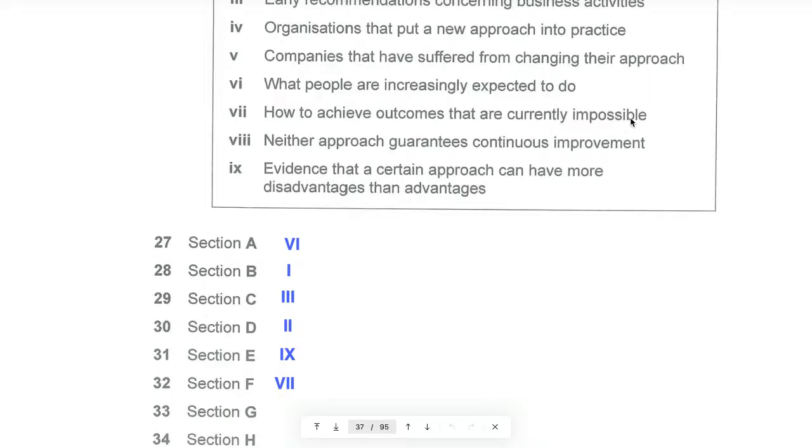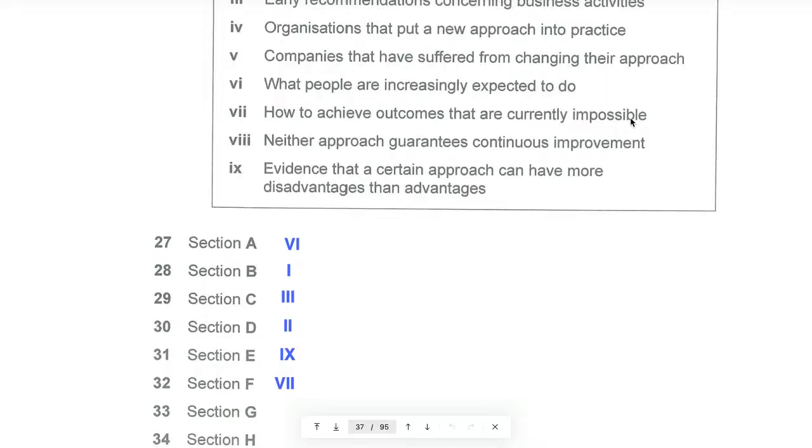Explain this. Thư, help her. How to achieve the result that are now shouldn't get it.